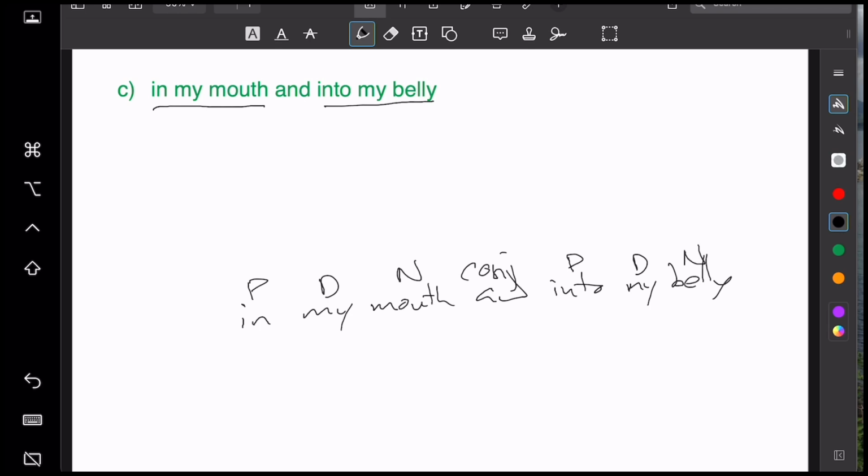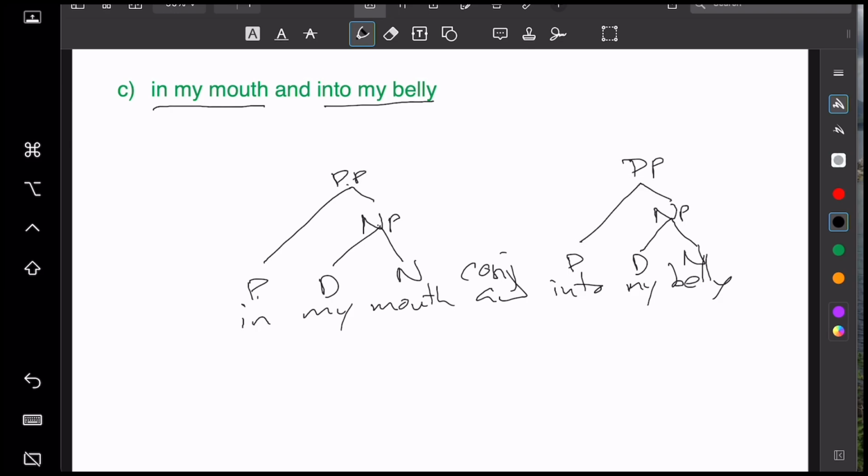So first of all, we're going to construct our noun phrases. We would do adjective phrases first if we had any adjectives, but we don't. So we have a determiner followed by a noun, that's a noun phrase. Determiner followed by a noun, that's a noun phrase. When you have a preposition followed by a noun phrase, you have a prepositional phrase. And we have two cases of that.